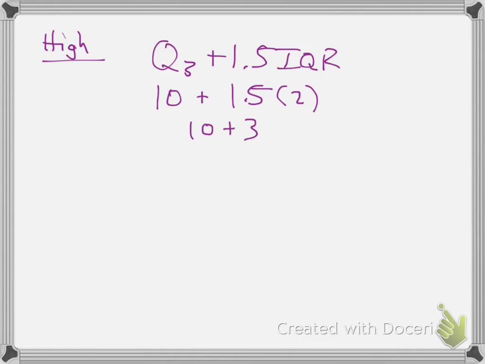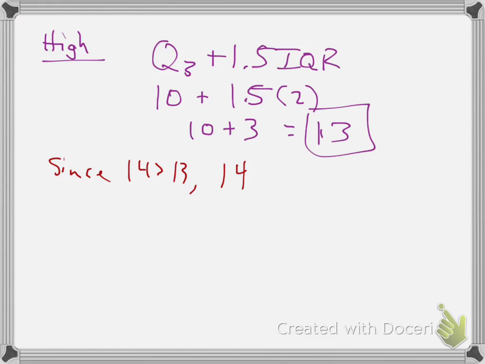Remember before I subtracted 3 from Q1, in this case I'm going to now add 3 to Q3. That's going to be 13. Any days that we observed more than 13 ducks at Round Pond? Indeed, right? We had a 14 in there. So since 14 is greater than 13, 14 is an outlier.